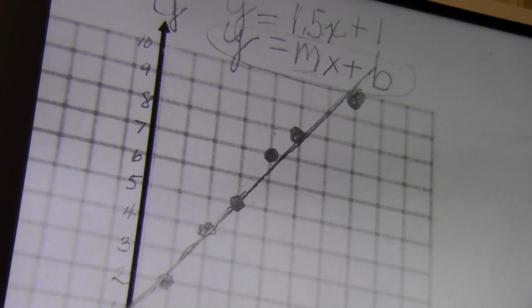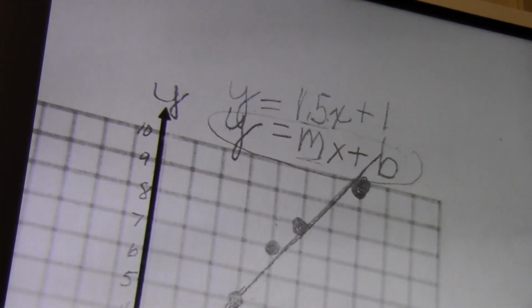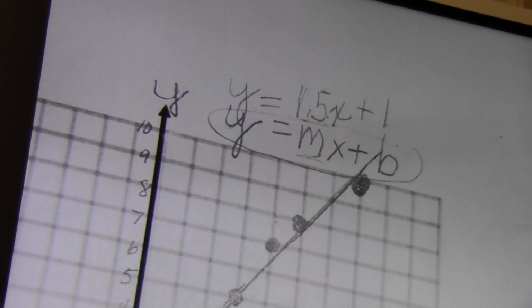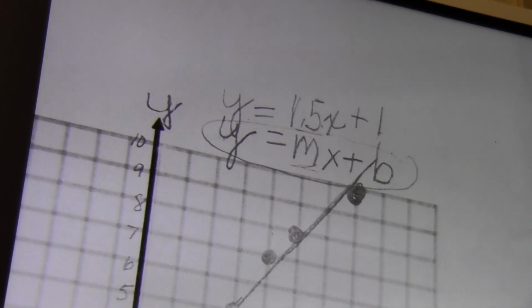And so what we are going to do is approximate what we believe is going to happen. I went up 2 over 1, and then sometimes I went up 1 over 1. So my approximation, my average, is 1.5 as my slope. And then I put it into the slope-intercept form, and my estimate is y is equal to 1.5x plus 1.